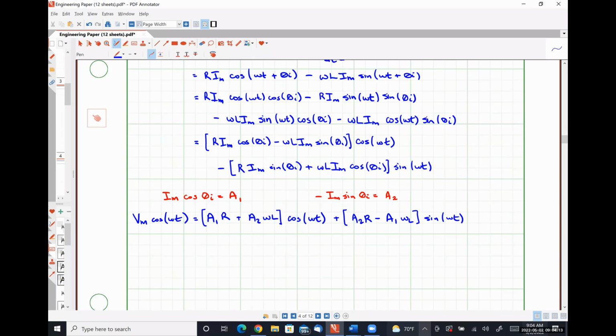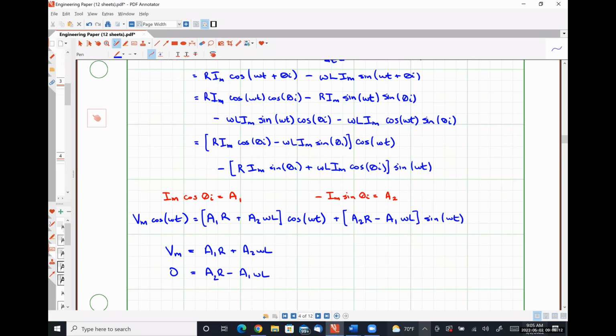So the coefficient of the cosine function on the left-hand side, Vm, has to equal the coefficient of the cosine function on the right-hand side, which is A1R plus A2 omega L. The coefficient of the sine portion on the left-hand side, which is 0, has to equal the coefficient of the sine portion on the right-hand side of the equal sign, which is A2R minus A1 omega L. Sorry, I made this L look like a subscript when it shouldn't have been.